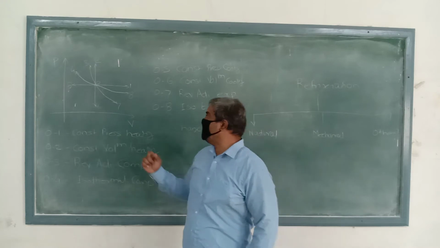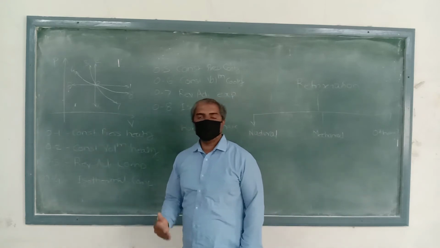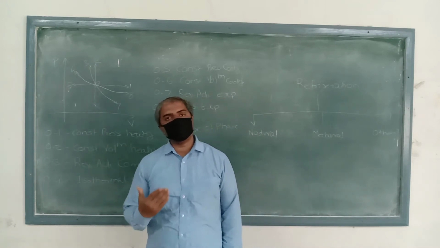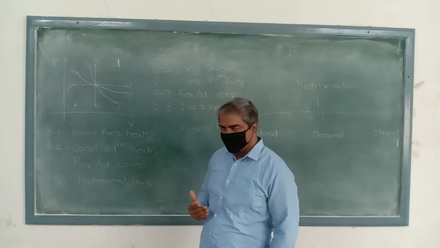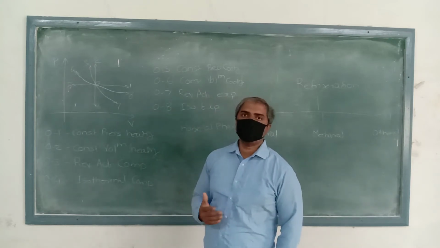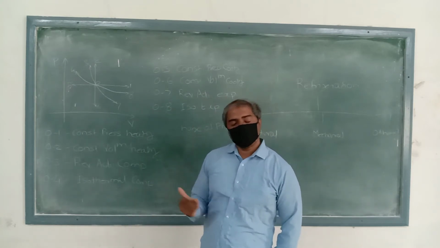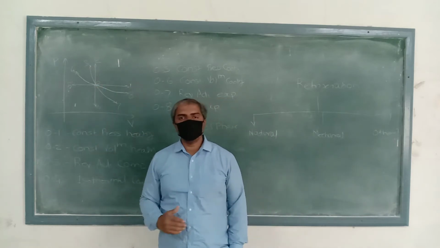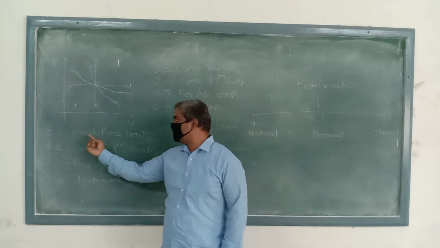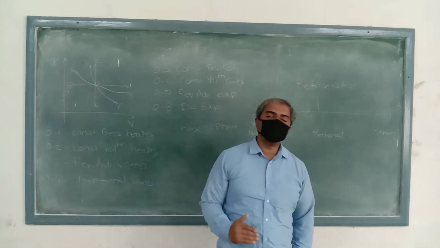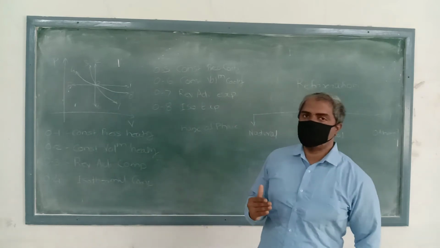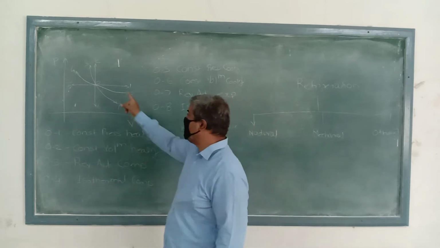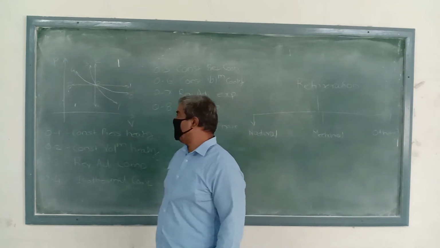But here you find that the volume is increasing, and if we plot the other diagram, that is T and S, we find that temperature and entropy are also increasing. So this process 0 to 1 we call a constant pressure heating process. This is the first process, constant pressure heating.